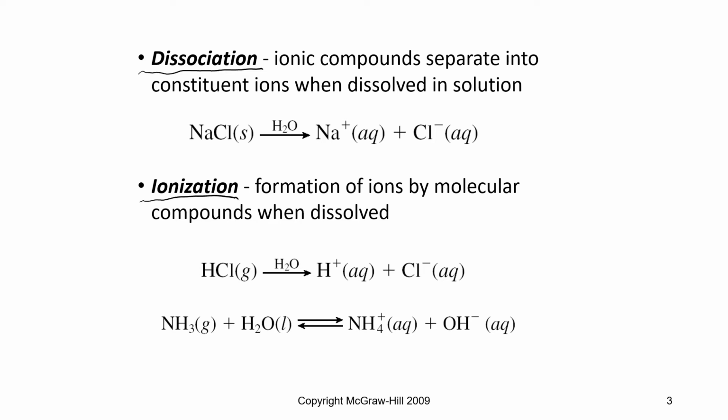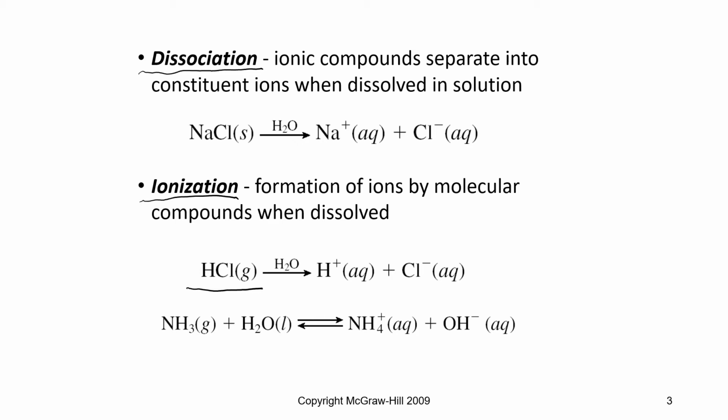This is the formation of ions by molecular compounds when they're dissolved. So even though sucrose was a molecular compound, it is not capable of ionization, whereas something like HCl, a strong acid, is.